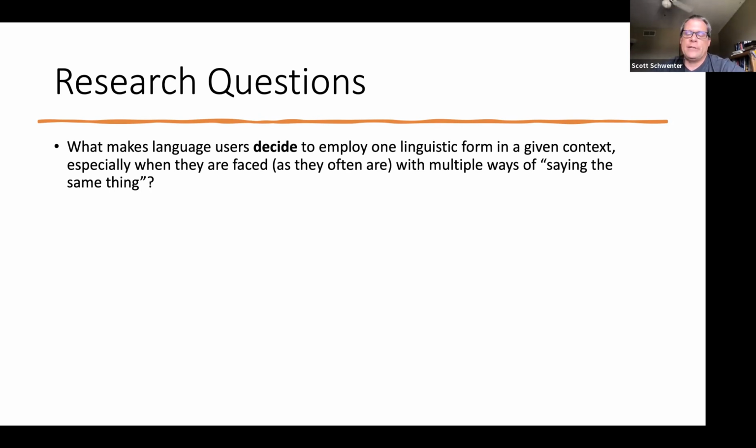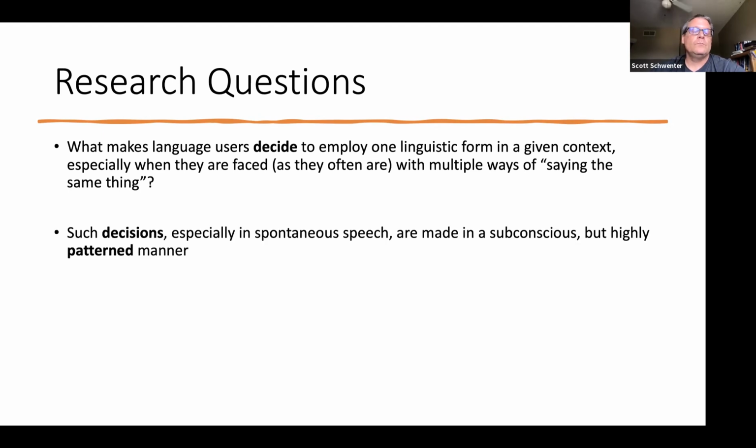Probably not equivalent, but at least possible. And such decisions, especially when we're just speaking off the cuff, are made subconsciously, but they're highly patterned. It's not just random, right? We're not just saying, oh, I got 5 choices here, I'm going to pick choice 4, right? That's not how it works. So there's something else going on.